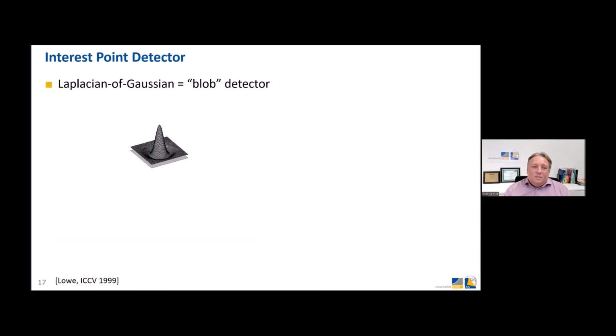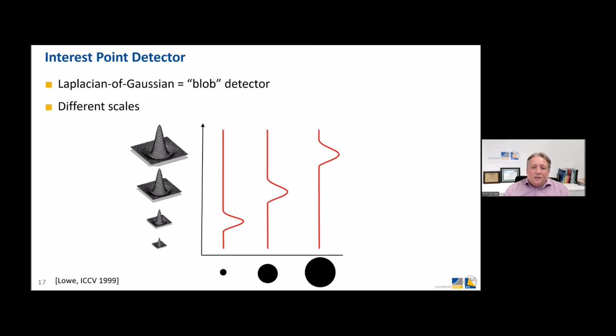For example, this Mexican hat Laplacian of Gaussian operator detects blobs, so little areas that are brighter or darker than their surroundings. And we can do that at different scales in order to detect different sizes of these blobs.